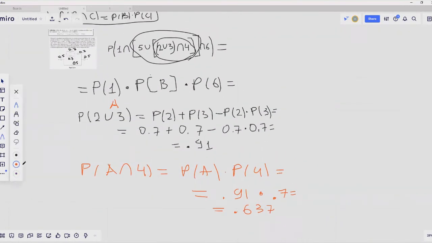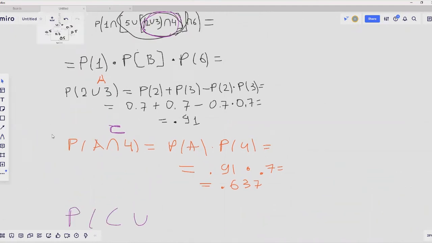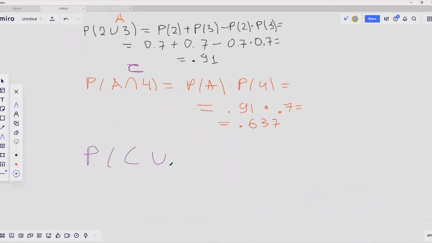Okay, so right now we have calculated the probability of A intersection with 4. Now let's call this purple one event C. Then we're looking for the probability of C union with 5, which is equal to the probability of C plus the probability of 5 minus the probability of their intersection, which is expressed as a product.